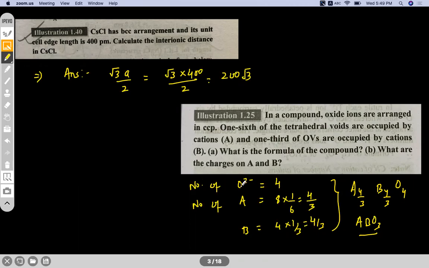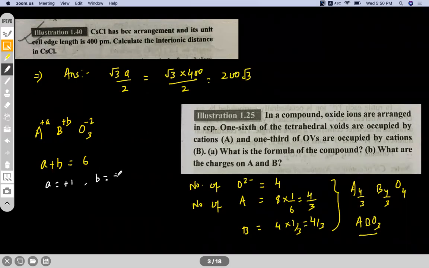Now you see we have oxide O2 minus, total negative charge is 6 here. Whatever the charge on A, suppose A will have plus a we assume, and B will have plus b, and O we all know it is -2, 3 times. So obviously a plus b should be 6, then only the crystal will be neutral. So we can have various possibilities. A as +1, B as +5, that is one possibility.